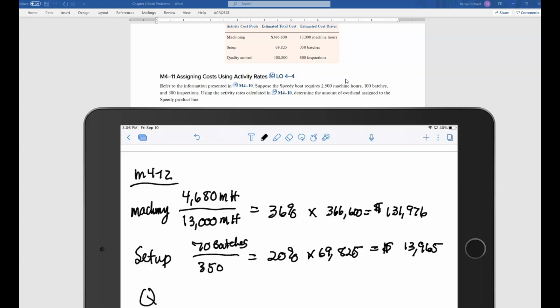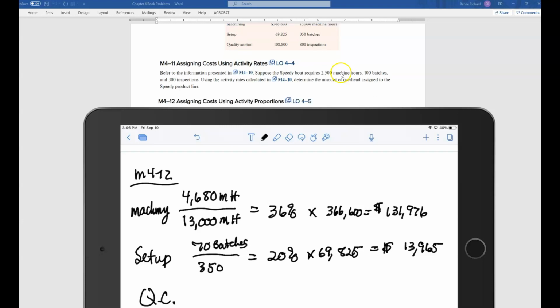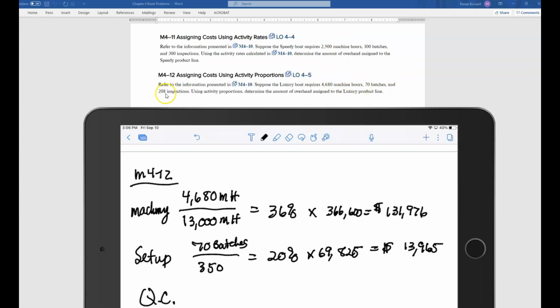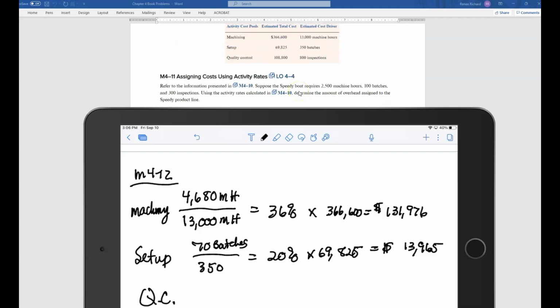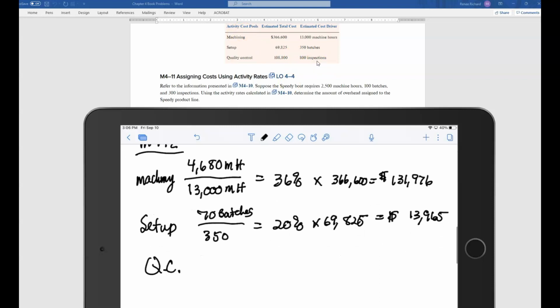And for quality control, luxury requires 208 inspections. So QC has a total of 800 inspections. So 208 inspections divided by 800 inspections is 26%. Times the total cost of 108,800.